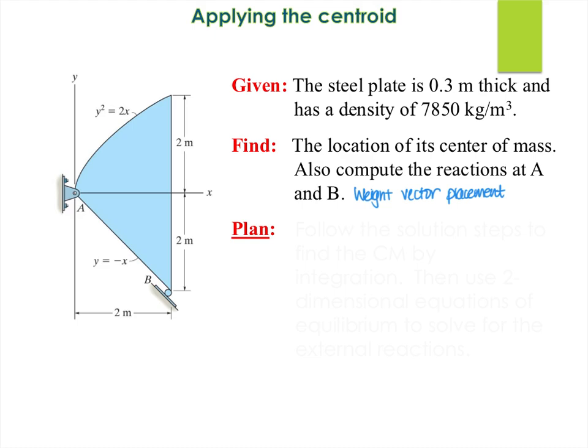First of all, I'm going to do the work of finding the total mass of this, because in order to find the weight vector, we also need to know its mass multiplied by g. That's going to be rho dV. I'm going to choose to use these vertical strips, which you're going to find out really quickly are the easy ones to do.